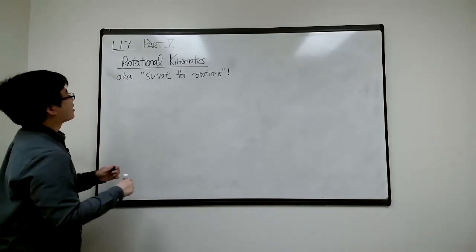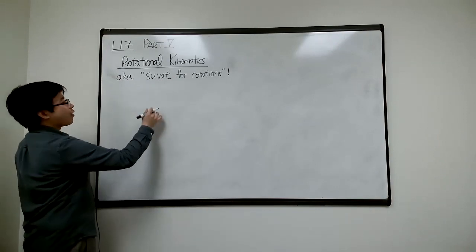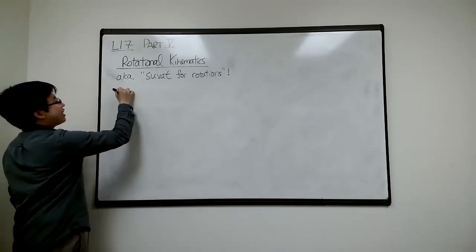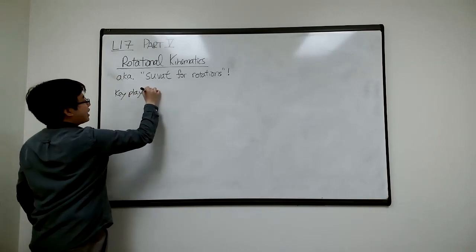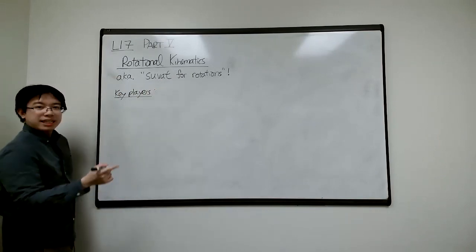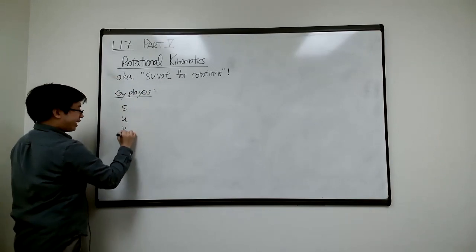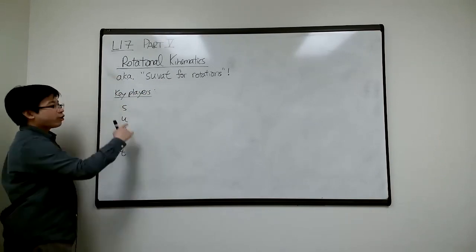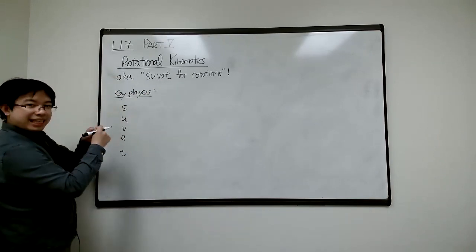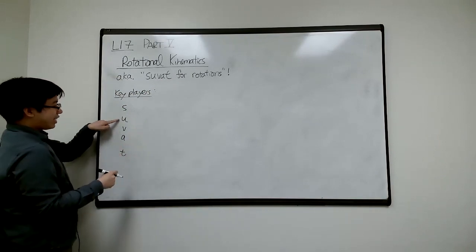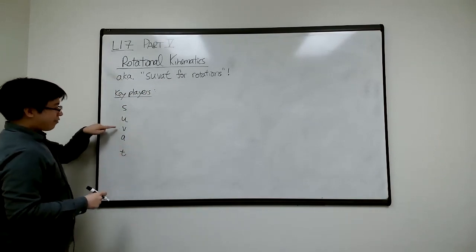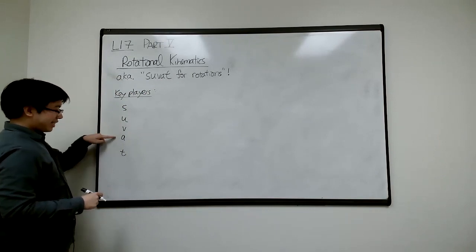That's all. Okay, what do I mean by that? First of all, what are the key players? The key players in linear motion were SUVAT. That is the linear displacement, the initial velocity, final velocity, the linear acceleration and time.